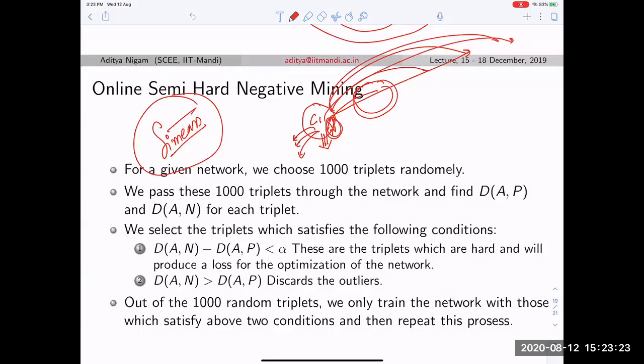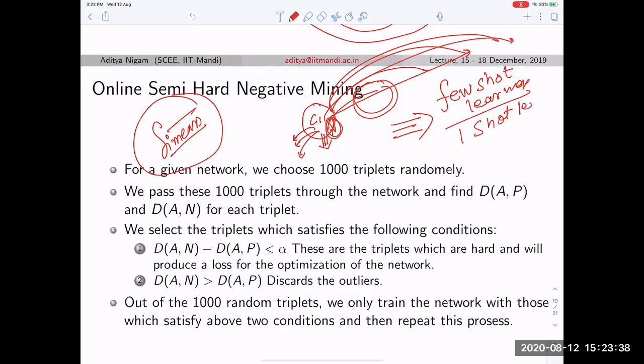This is actually going to open a new area in which a huge amount of work is done, that is called few shot learning, one shot learning or zero shot learning. What does it mean?